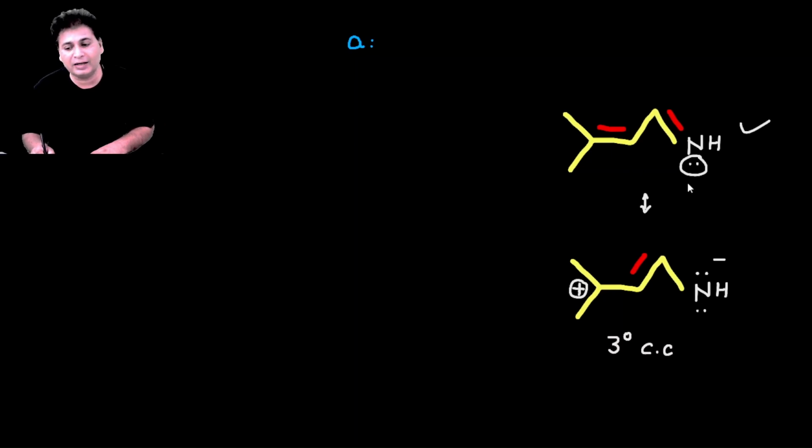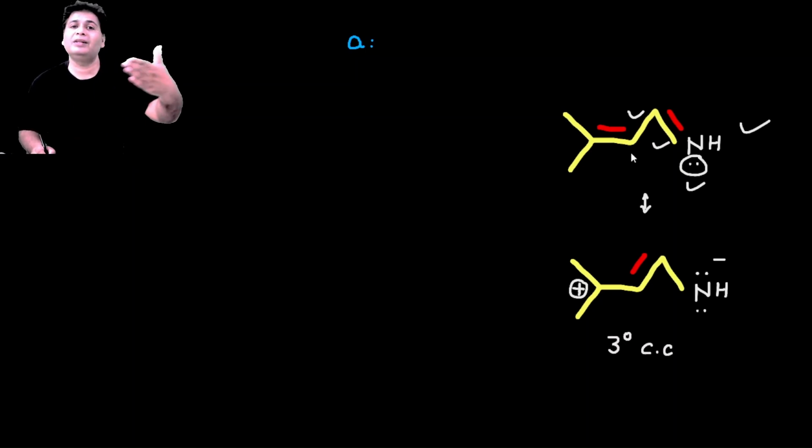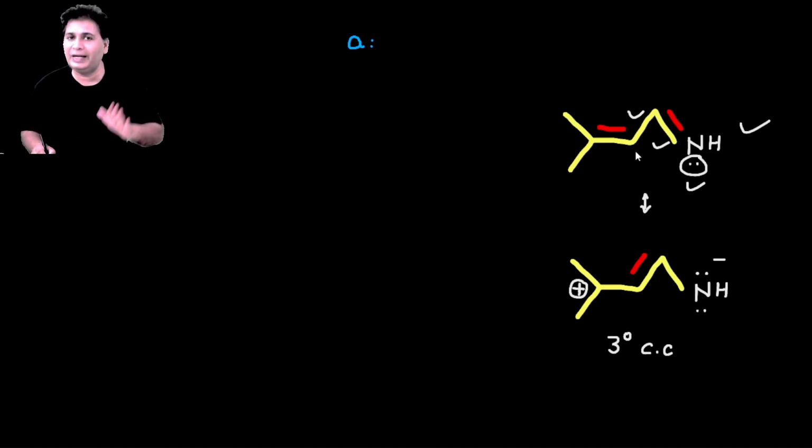Because you understand, this is lone pair, double, single. Now if it was lone pair, single, double, then there was a chance that the lone pair may have got delocalized, but here the case is different. It is lone pair, double, single, so it's not going to get delocalized in that sense.